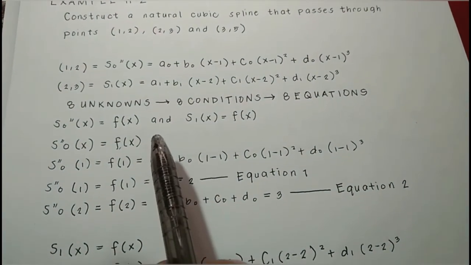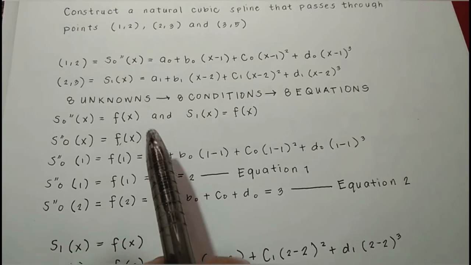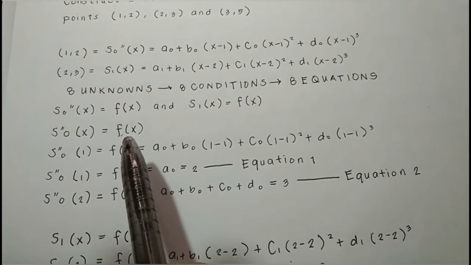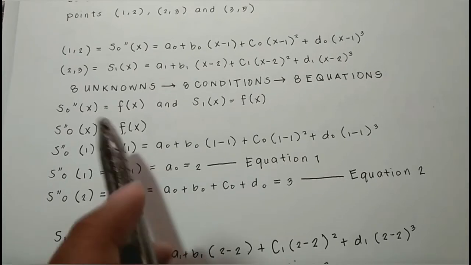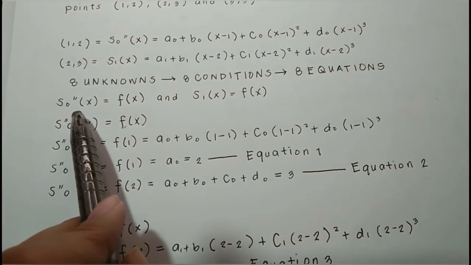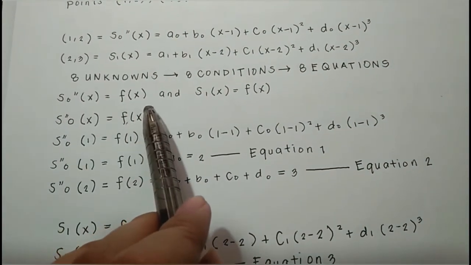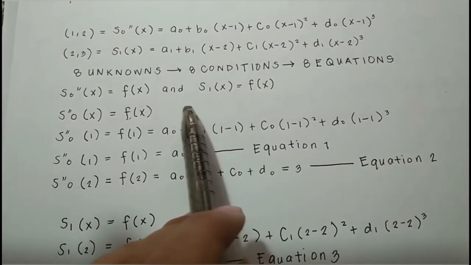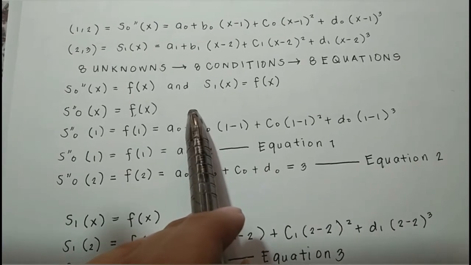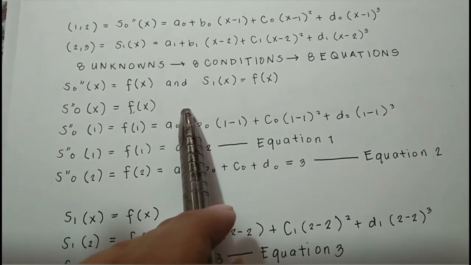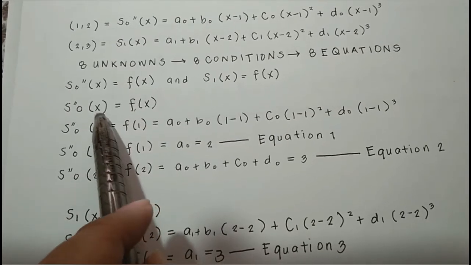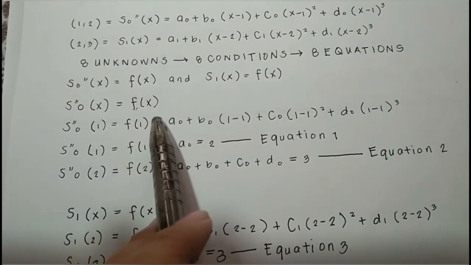So to determine the 8 unknowns, we also have 8 conditions. So the spline must agree with the data at the nodes. So s node of x is equal to f of x, and s sub 1 of x is equal to f of x. For interval 1 to 2, we can get it by s node of x is equal to f of x.